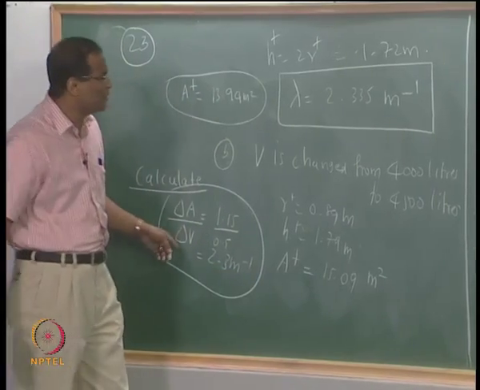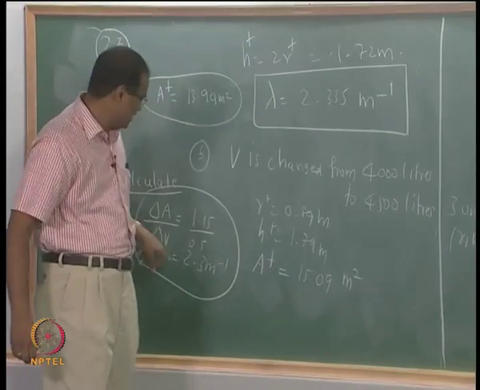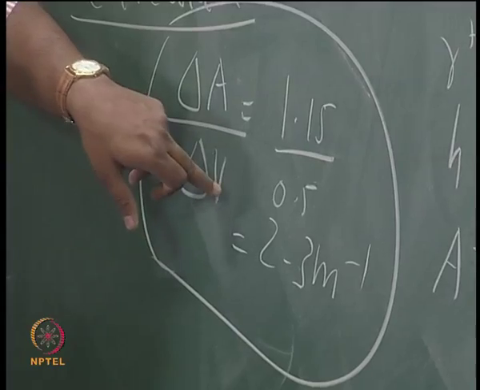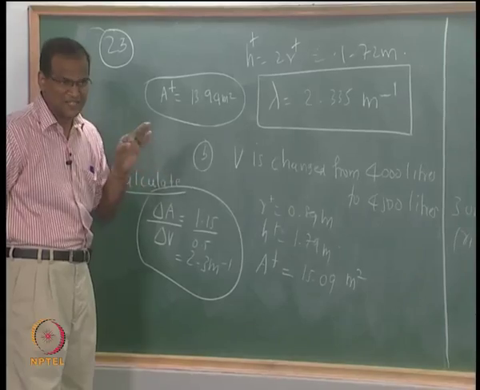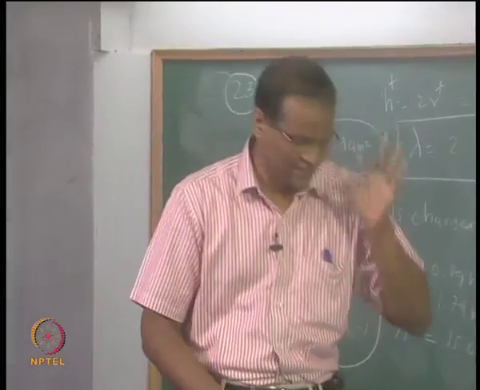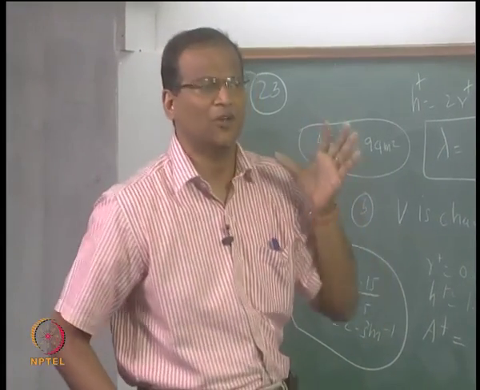What a nice result. What is the value of lambda? What is the delta A by delta V? 2.3. So lambda is nothing but the change in the objective function with respect to the change in the constraint. Lambda is called the shadow price in operations research.